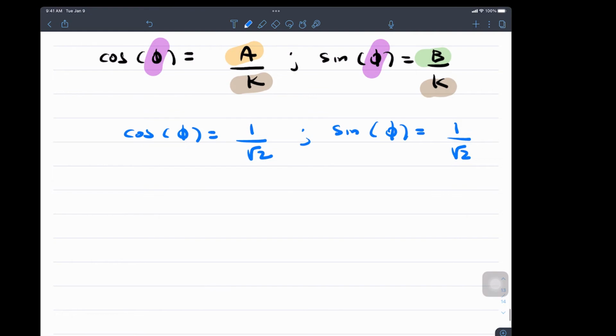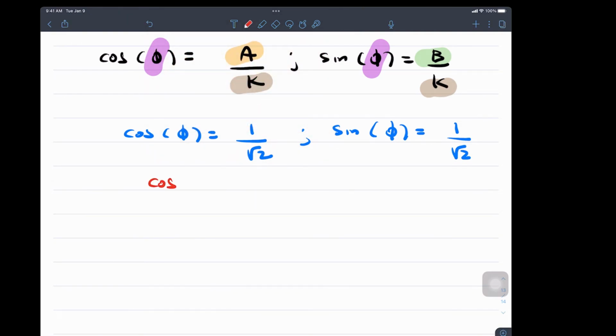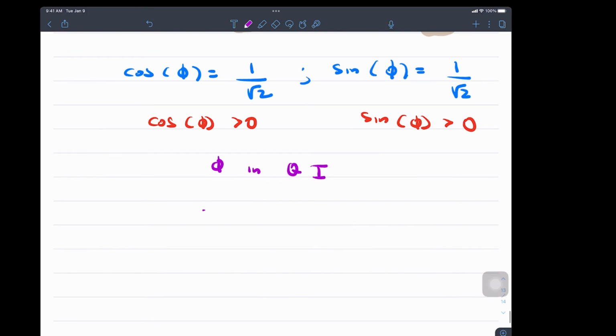Let me also make a big remark. Let's notice something here. Cosine of phi is positive. Sine of phi is what? Positive. What does that mean about phi? Phi is in quadrant 1. Is that right? Not only that, I think you guys should have this memorized.